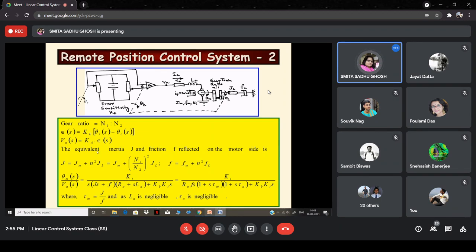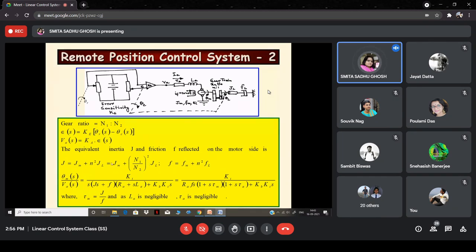So first of all, the equivalent moment of inertia reflected on the motor side, J, that's the notation being used, will be equal to Jm, which is the motor moment of inertia, plus, with the gear train ratio taken as N, N squared JL, also written as Jm plus (N1 by N2) whole squared JL, where N1 by N2 is the gear ratio.